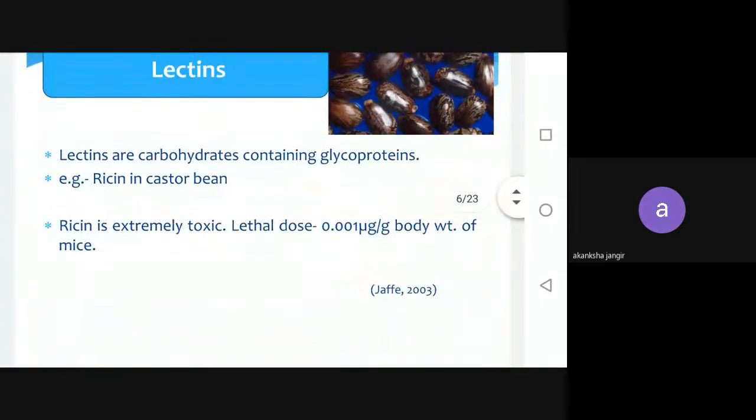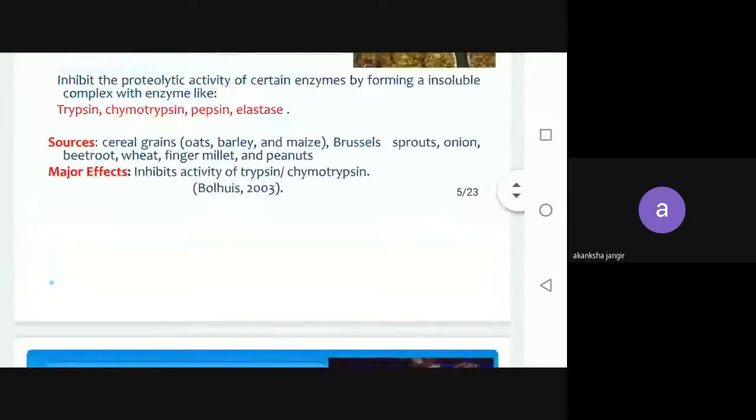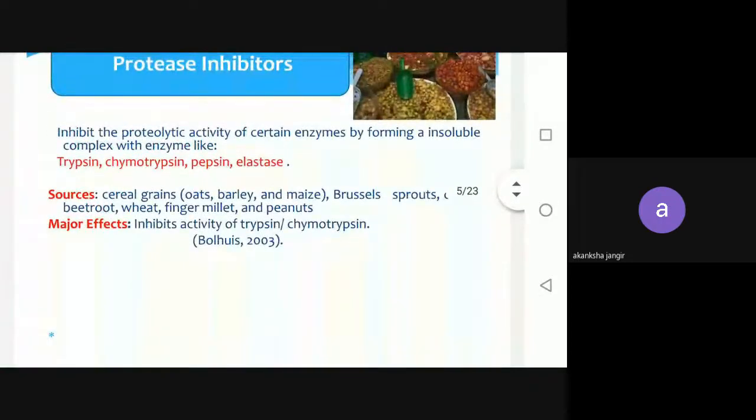Lectins. Can you go to the previous slide? This one. As it says, it has a major effect: it inhibits the activity of trypsin and chymotrypsin. Could you remind us what is the role of trypsin and chymotrypsin?